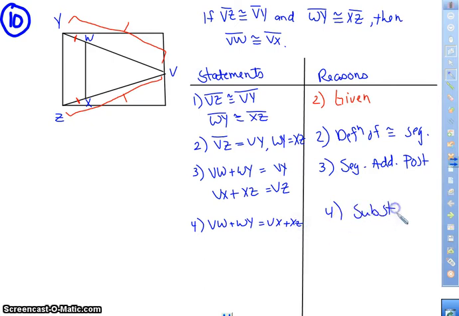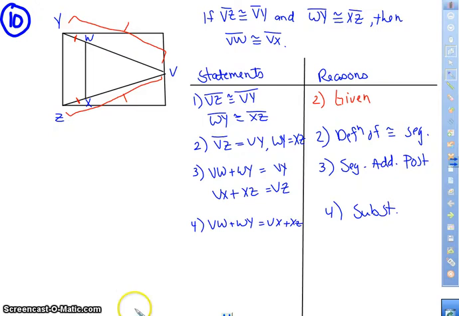And the reason I want to use my substitution property is what I'm trying to prove now is that my VW and my VX are the same. And I can do this as I show because WY and XZ are the same, that I can remove those because it's removing the same thing from both sides, okay, which I'm going to do next.